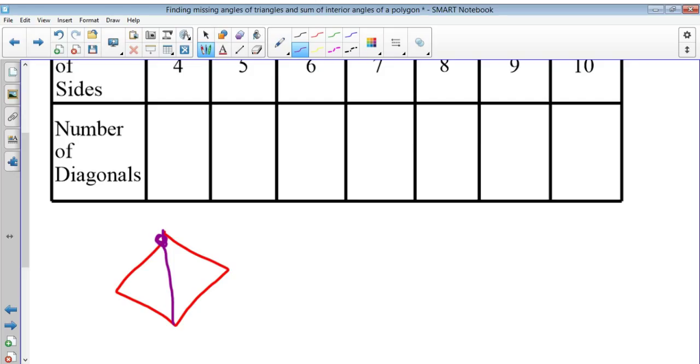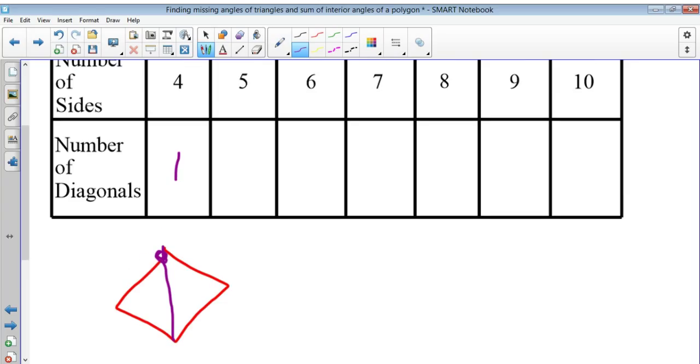So when a polygon has 4 sides, the number of diagonals that we can draw is 1. Let's do the diagonals for 5 sides. 1, 2, 3, 4, 5. Now I'm going to pick a point and draw all my diagonals. So when I have a polygon with 5 sides, the number of diagonals I can draw is 2.